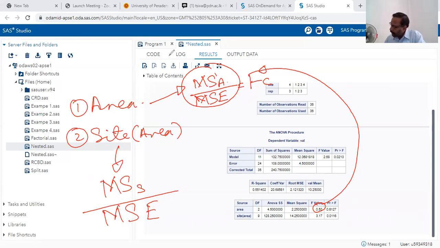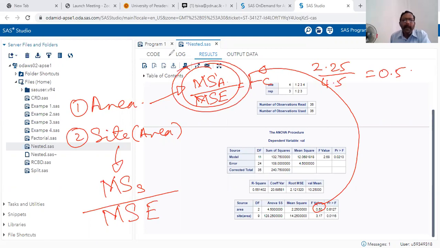Divide this mean square of area, that is 2.25, divided by the mean square of error, that is 4.5. What is the answer? That is 0.5. So that is normally what the computer does. But can we accept this ratio of the F calculated value for area?